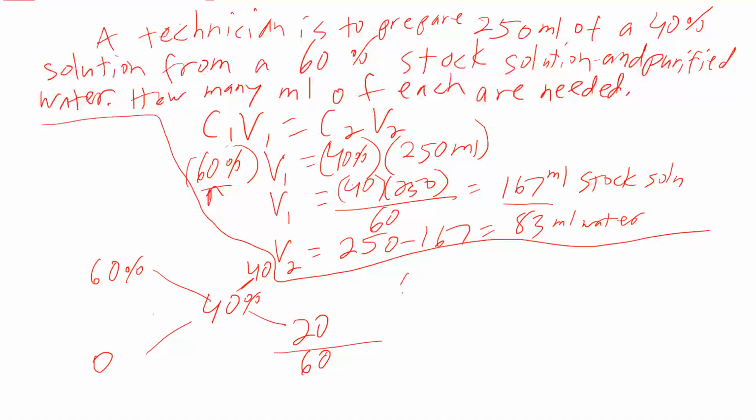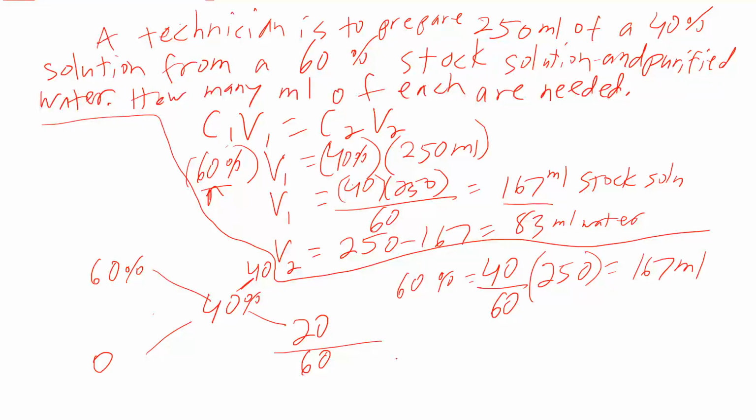So if we want to figure out how much of the 60%, we just say 40 over 60, and you multiply by 250, because that's the total volume, and that gives us 167 mils.